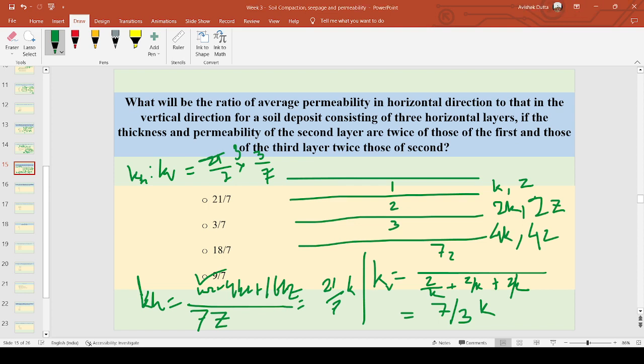Yeah, good. So we get 9 by 7. Okay. The answer is 9 by 7. So this is a very important thing to keep in mind. For horizontal permeability, the average is the arithmetic mean, and for the vertical it is the harmonic mean.